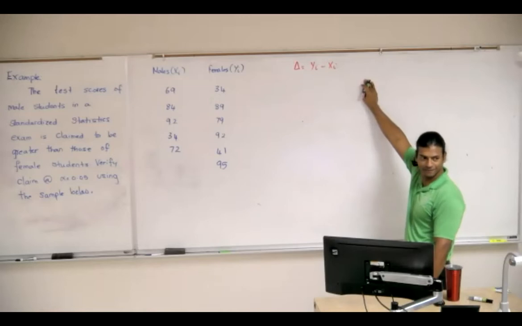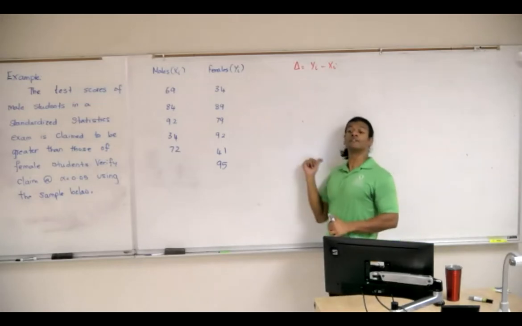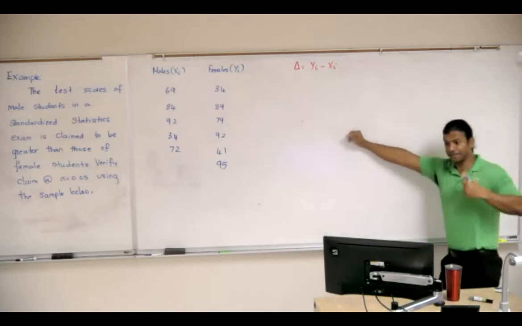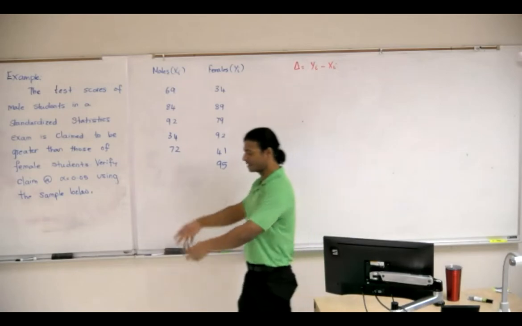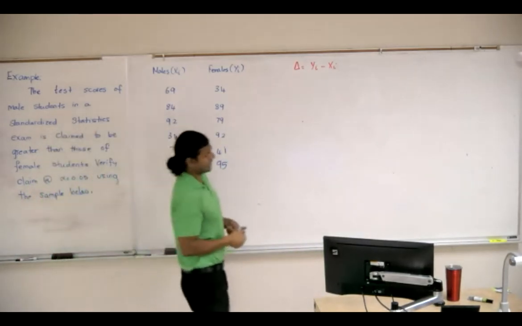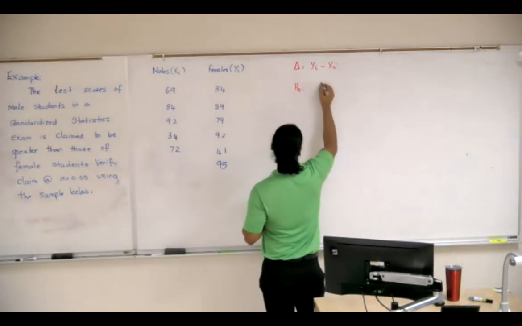Why is that? Because we want the scores of females to be smaller than males. In other words, xi has to be significantly bigger than yi. So the farther we go to the left, the better it is. So the test we want to do, right?